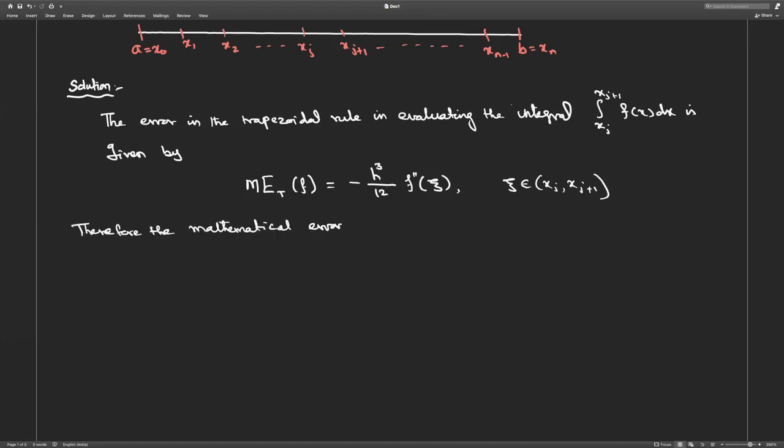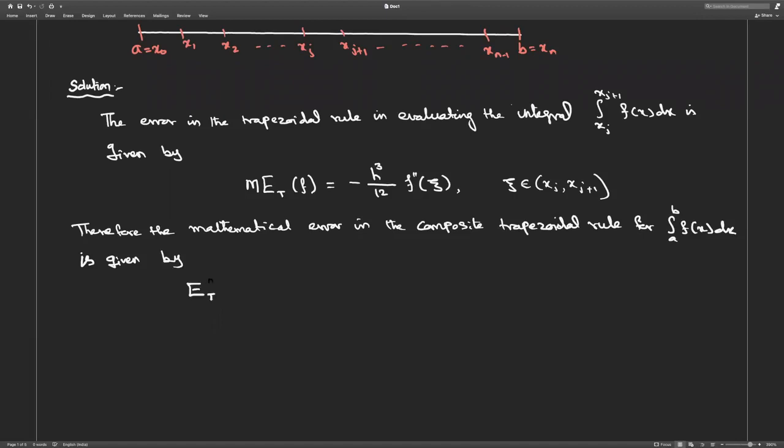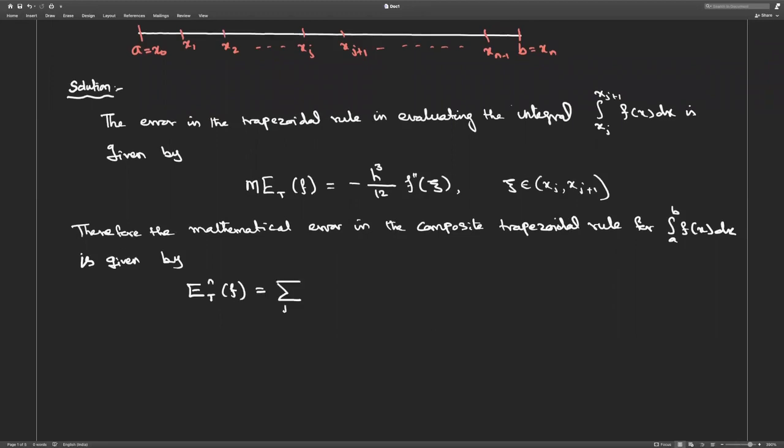Therefore, the mathematical error in the composite trapezoidal rule for the integral from a to b of f of x dx is given by, remember we use the notation ETn of f, sigma j equal to 0 to n minus 1 of minus h cube by 12 into f double dash of xi j.